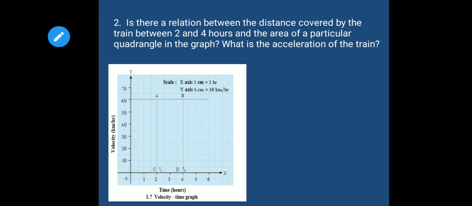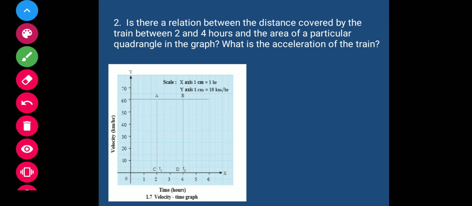Now we'll find out this area, the area ABCD. We'll find out the relationship by finding this area.